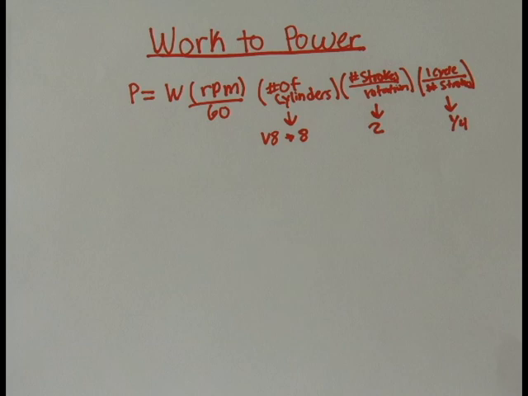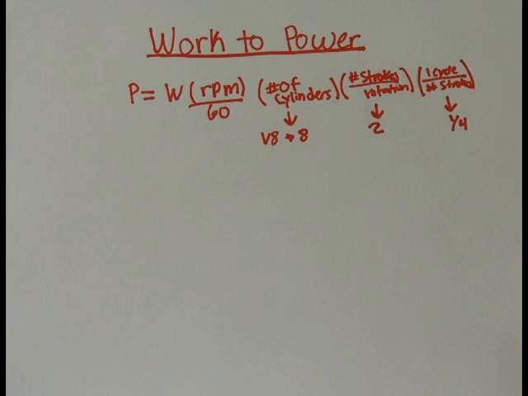Since the work we found was only for one cylinder, we have to multiply it by 8 to get the net work produced by an engine. We also want to know how many times per second work is being produced, since as we learned, power is work over change in time. To find this, we can use the revolutions per minute, RPM, provided in the specs.